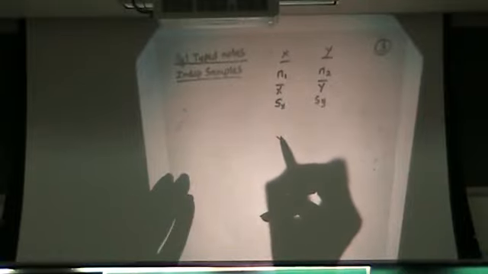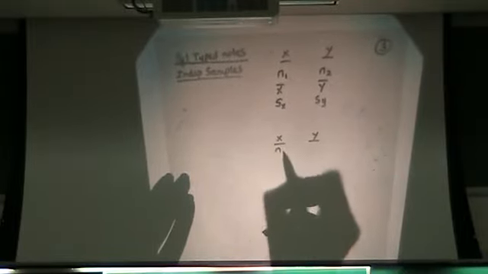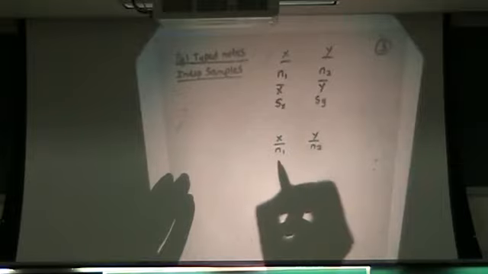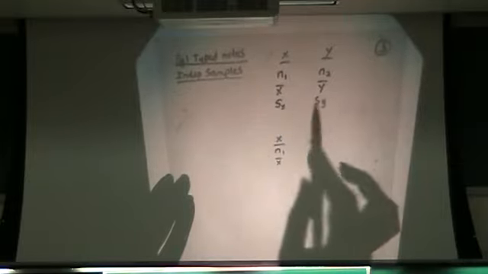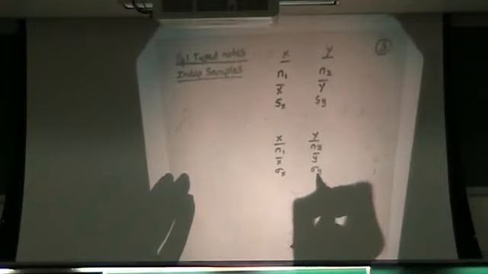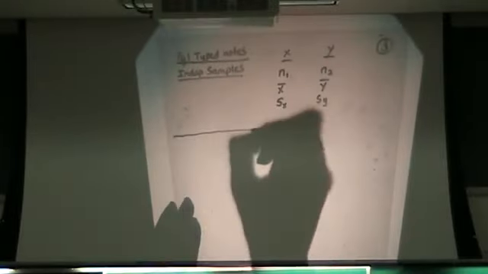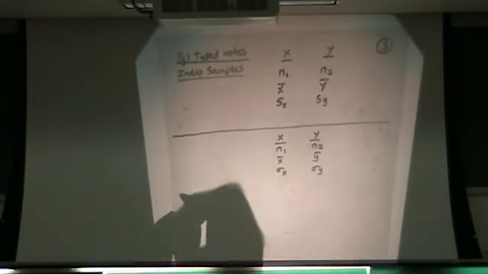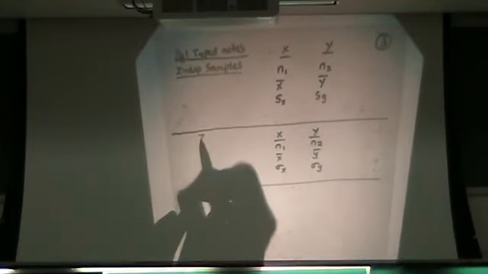The other kind of problem is where they give me X and Y, and they give me N1, N2, and X bar, Y bar, but they don't give me SX and SY. They give me sigma X and sigma Y. So if they give me sigma X and sigma Y, then I'm going to do a z-test.